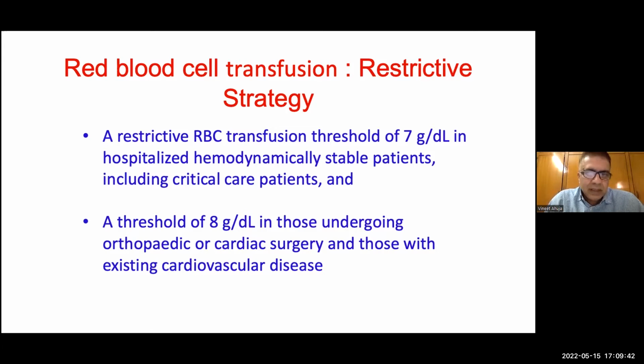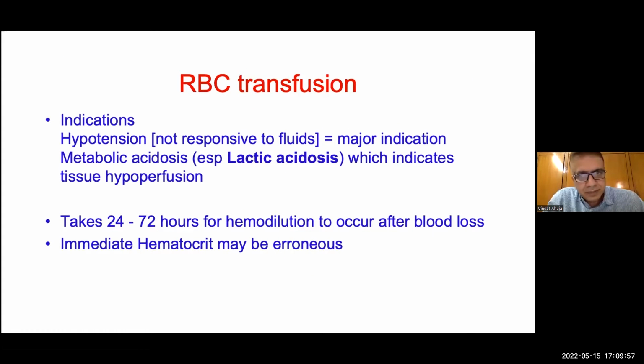So in other words, if a stable patient has a hemoglobin of 9, you do not rush into that. No, the threshold is 7. So if the patient has a hemoglobin below 7, only then you rush to give blood in such cases.